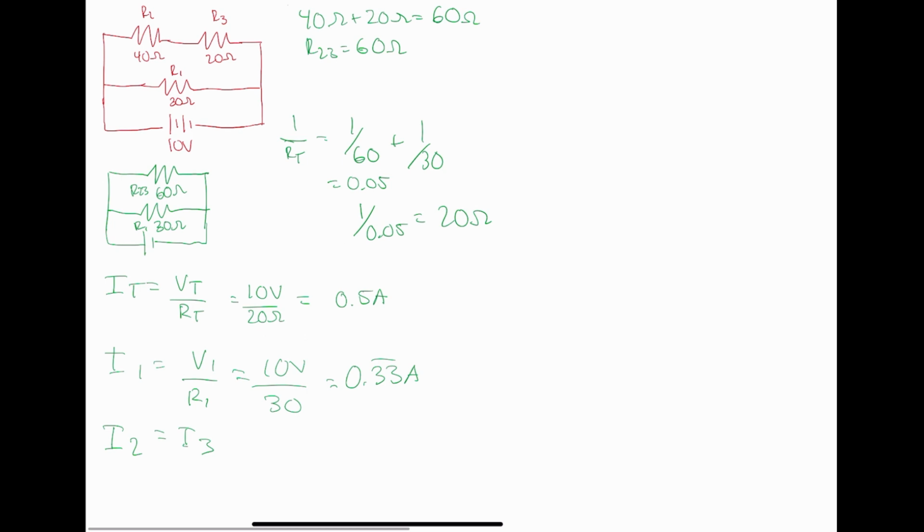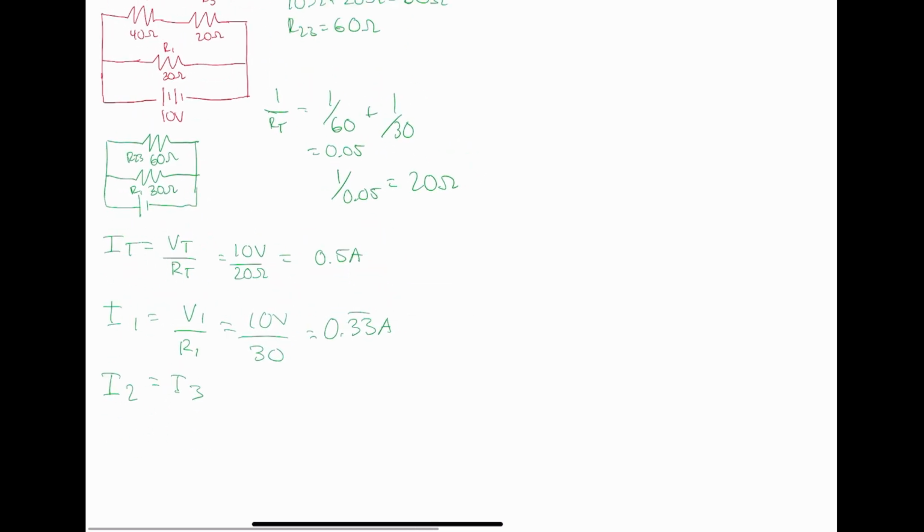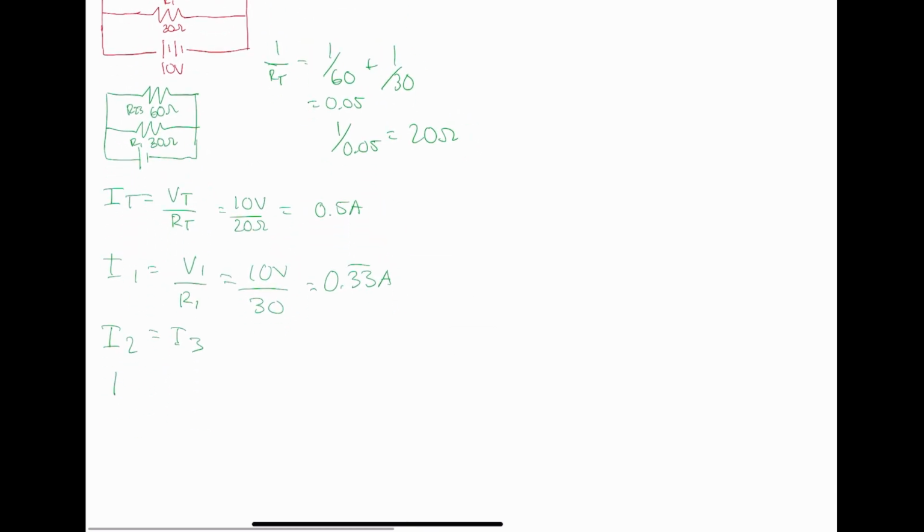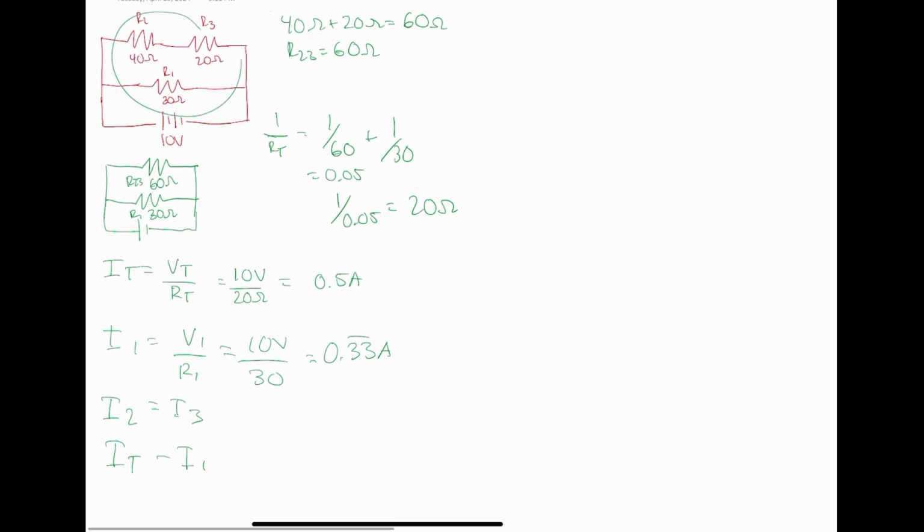We know the I total, and we subtract I1 from it because in a parallel circuit, current is not constant. It disperses across, and we just do I2,3.